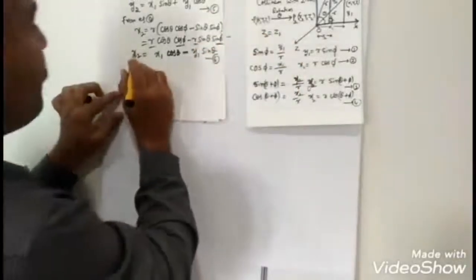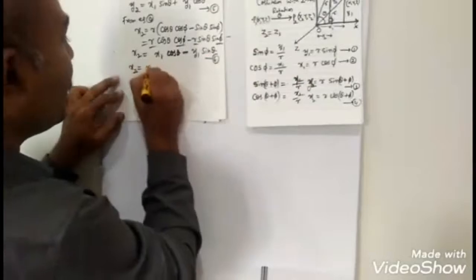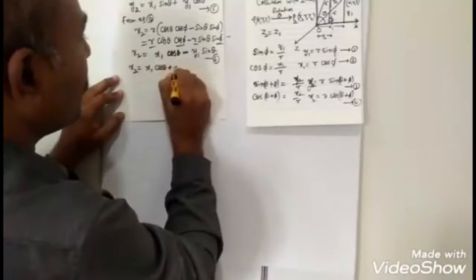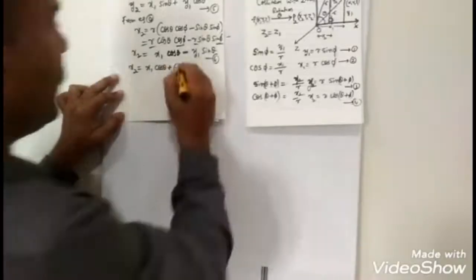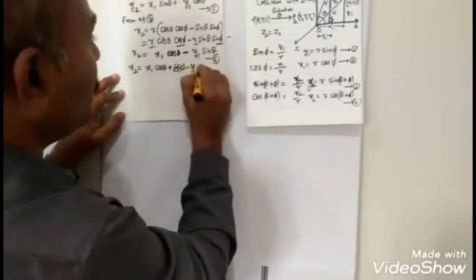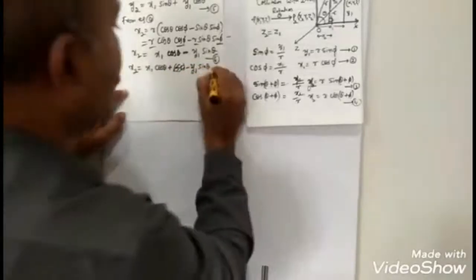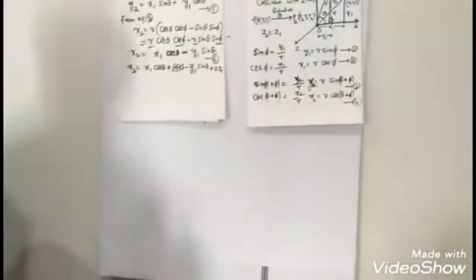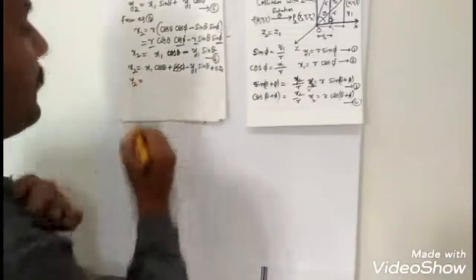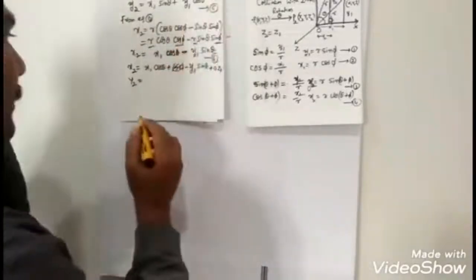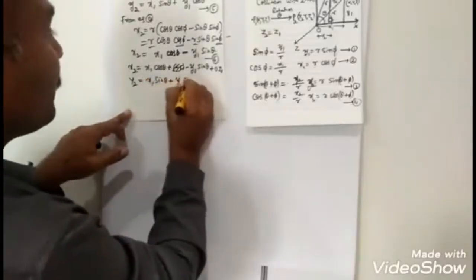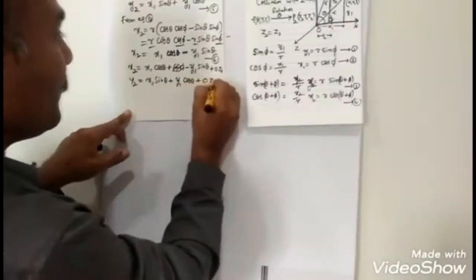First I will take the value of x2. x2 can be written as x1 into cos theta minus y1 into sin theta plus 0 into z1. Similarly, y2 value from equation 5 is x1 sin theta plus y1 cos theta plus 0 into z1.